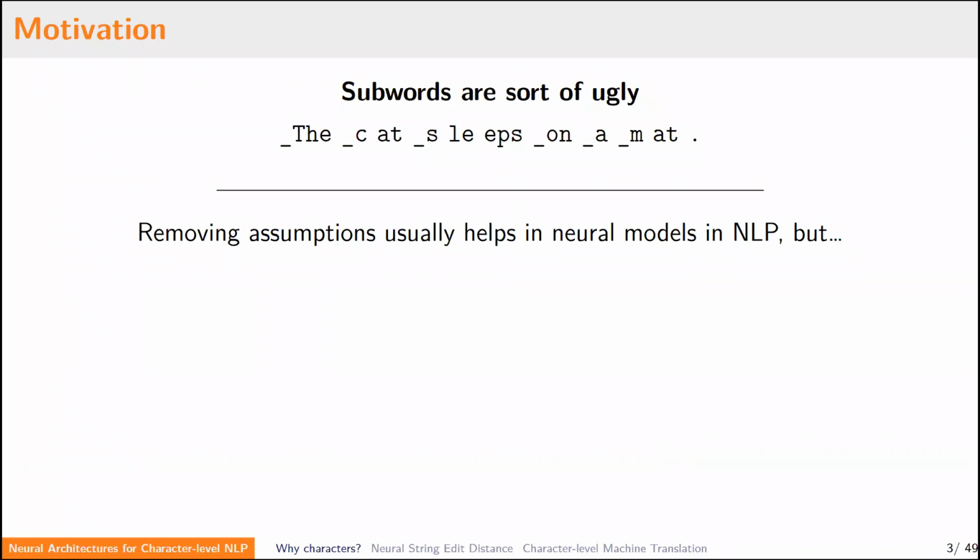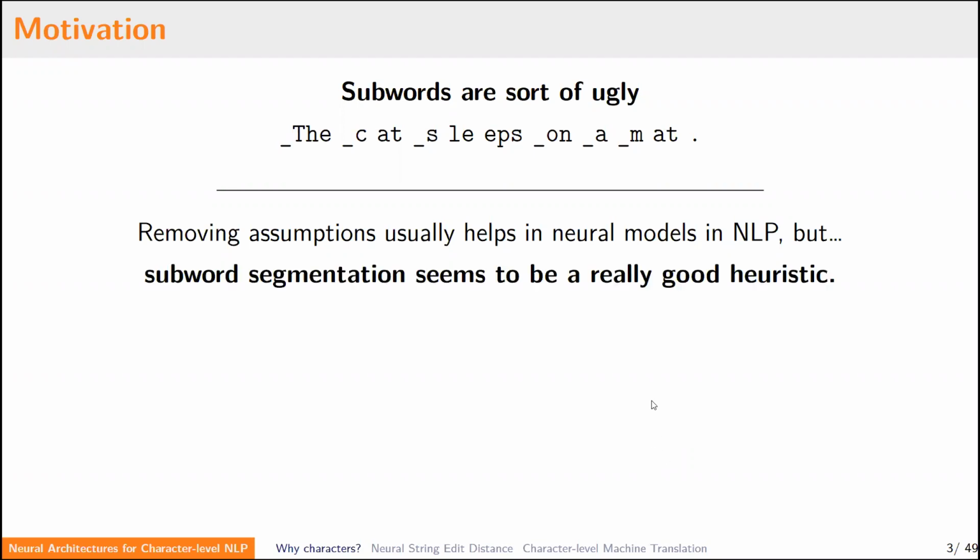Anyway, the assumption that really remains is that the input is segmented into words or word-like units or subwords. So if the story of getting rid of assumptions is true, we should be able to get rid of the segmentation as well and only work with characters.